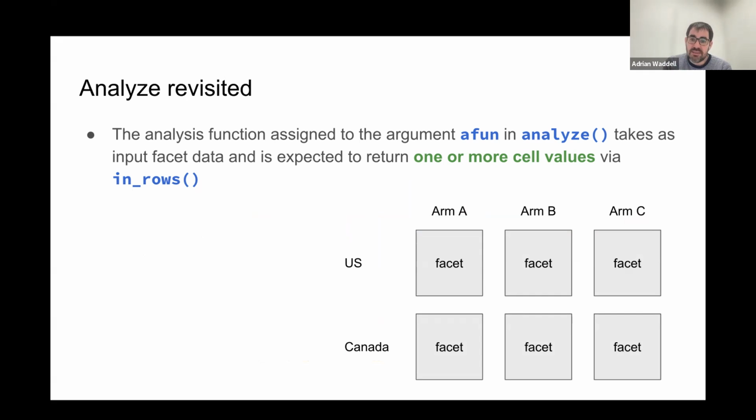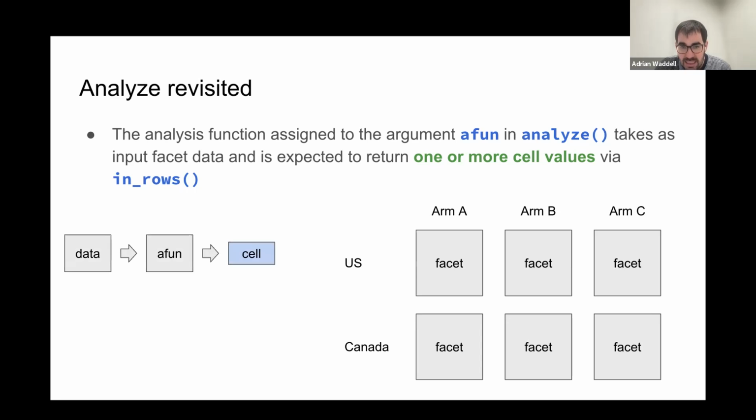So if we quickly revisit analyze, what happens is, we know if you make split by arm and split by country, only for US and Canada, we have 6 facets in row space. So in column space we split by arm, in row space we split by country. We only have 2 countries in this example here. We know we have 6 facets of some set of data.